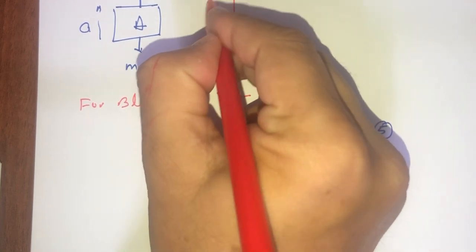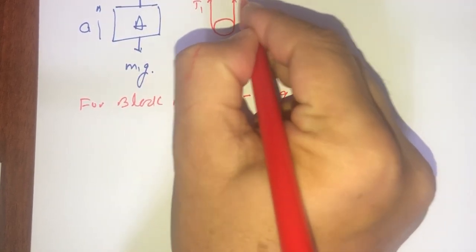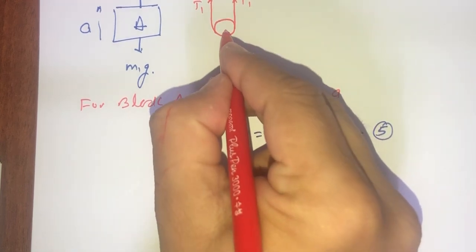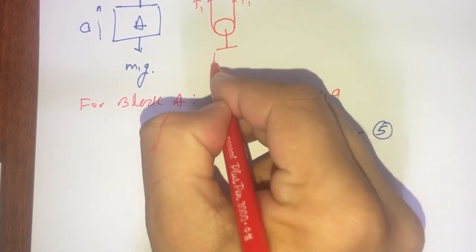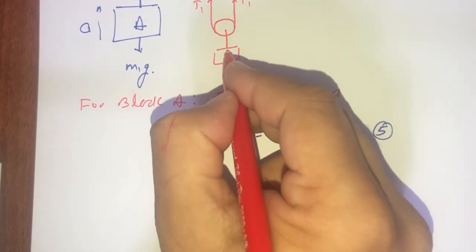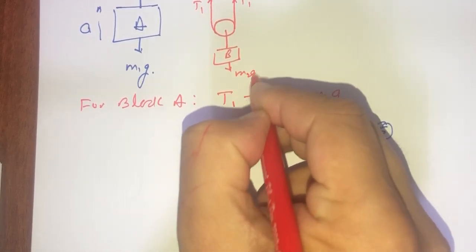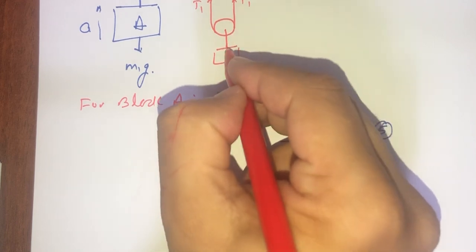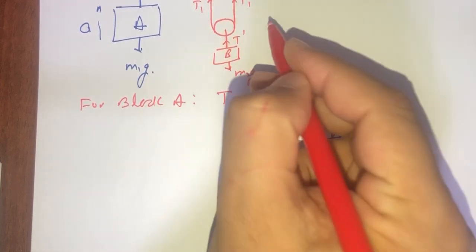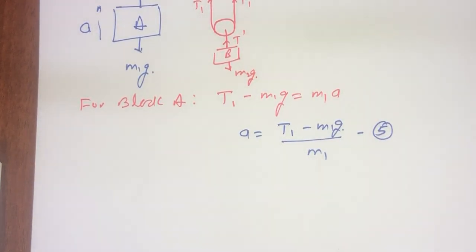So we have this T1 and this will also be T1, and it is mass of B acting in downward direction by m2 g, and let us say the T prime.